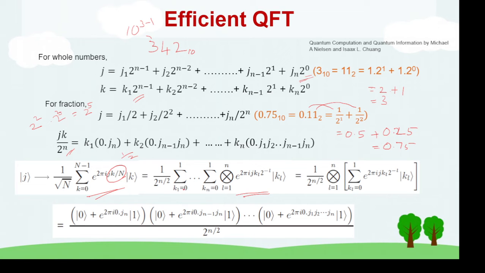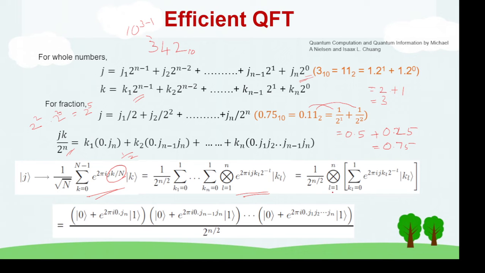Basically, each k state will have some 0 content and 1 content. That is what we are trying to do here. Now we can take this one outside to make our expression easier for implementation.